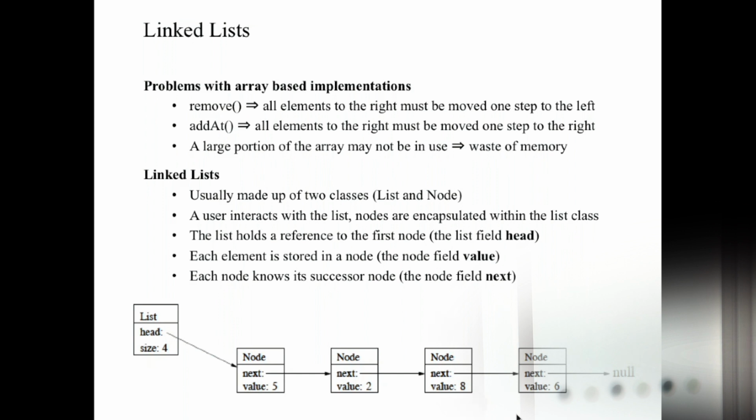So the linked list is usually made of two classes, list and node. If you want a linked list based implementation, you need to define two classes. One class maintains the overall representation for your list, and the other class implements the individual nodes, the individual data elements in your linked list.